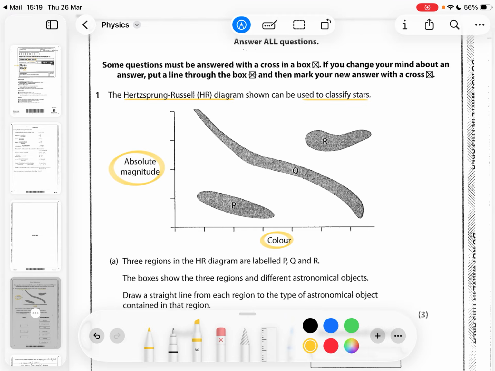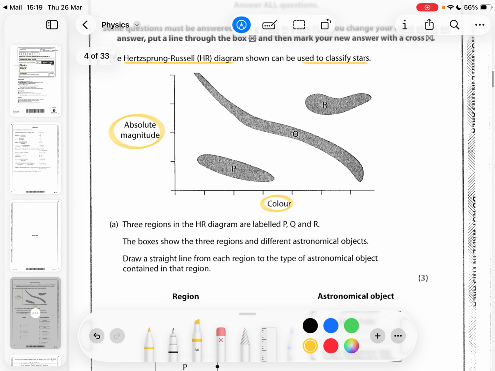The color tells us something about the surface temperature. So color is linked to the surface temperature. For example, our sun has a surface temperature of about 6,000 Kelvin, but different stars have different surface temperatures.